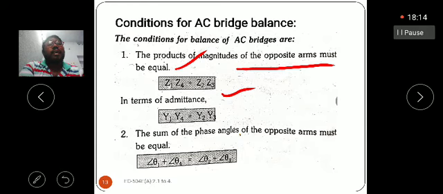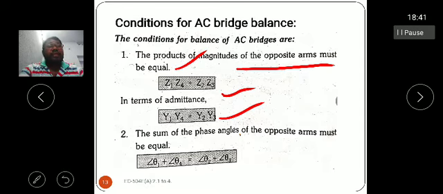This is the first condition for the circuit to be balanced. In terms of admittance, Y1 Y4 is equal to Y2 Y3. This is the condition in terms of admittance.